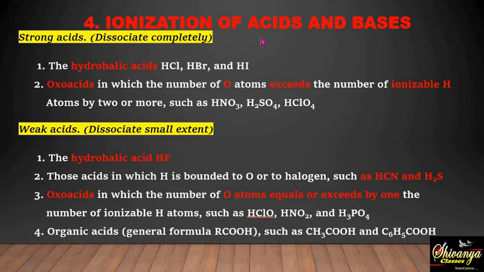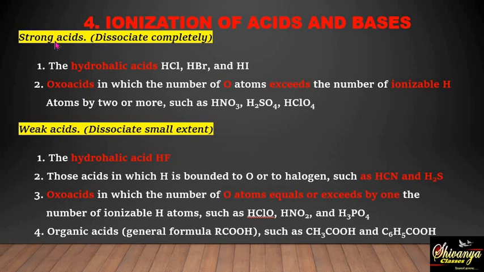In the last video we discussed electrolytes and non-electrolytes. Electrolytes are of two types, strong electrolytes and weak electrolytes. The strong electrolytes are strong acids and strong bases. Weak electrolytes are weak acids and weak bases. Here we discuss acids and bases.